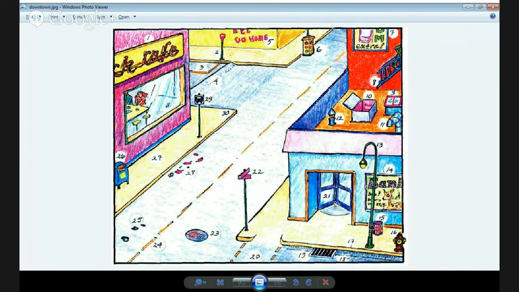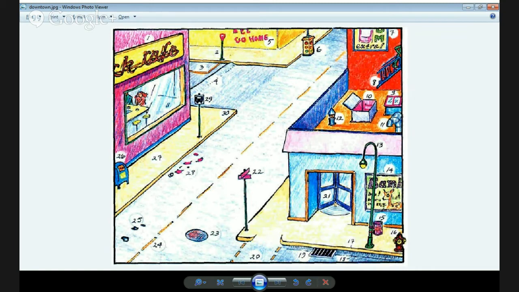What's its function? People can put their letters in that box. Exactly. So we call that a mailbox.